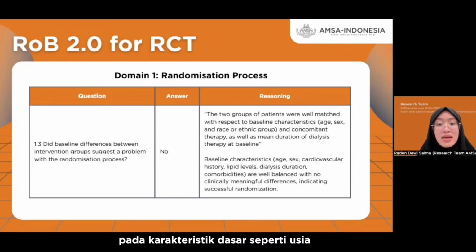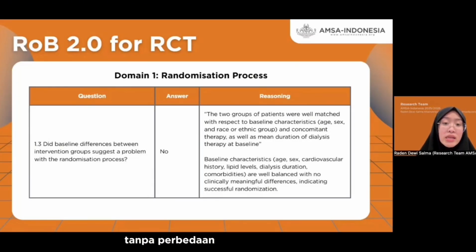Baseline characteristics such as age, sex, cardiovascular history, lipid levels, dialysis duration, and comorbidities are well balanced with no clinically meaningful differences, indicating successful randomization.